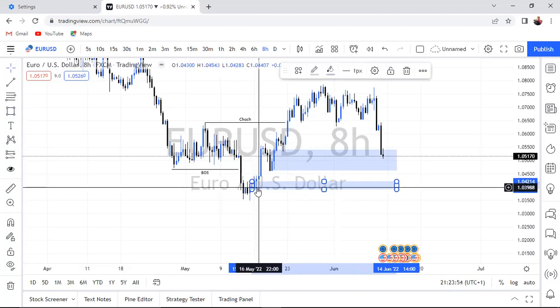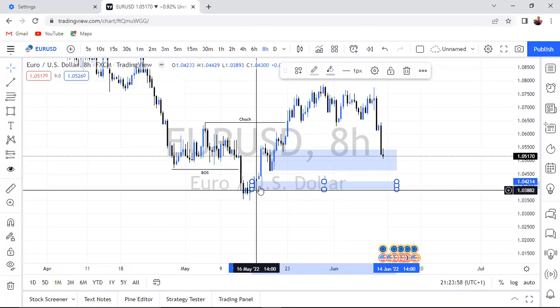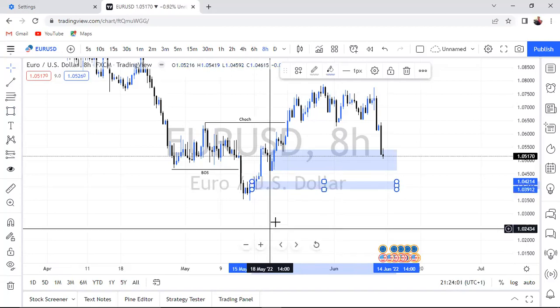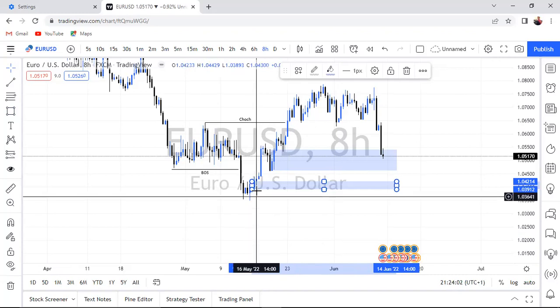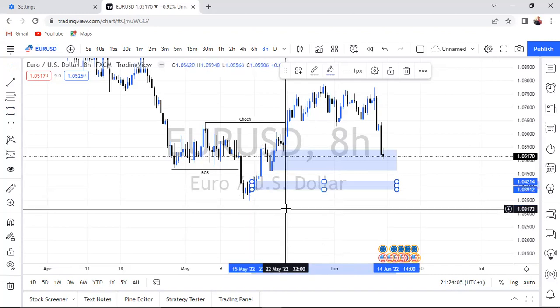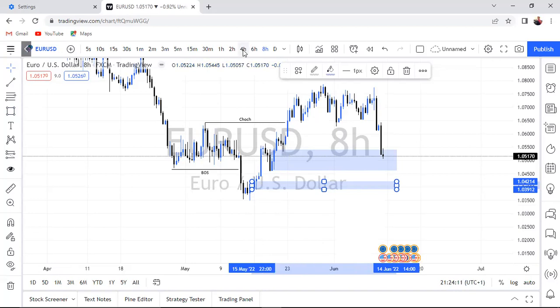This wick here. Before a candle can close like this, I mean this particular candle here, there is a force coming from below that pushes it back up. Let's go to a lower time frame.